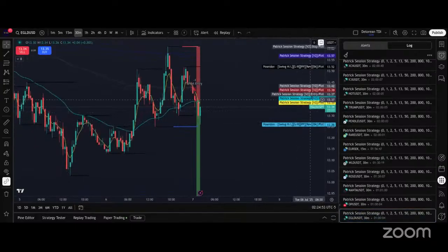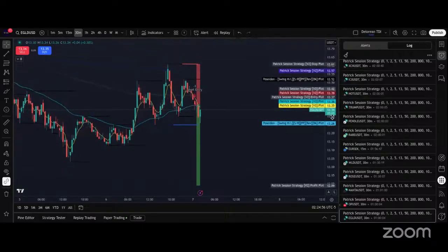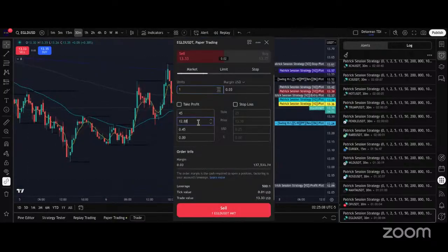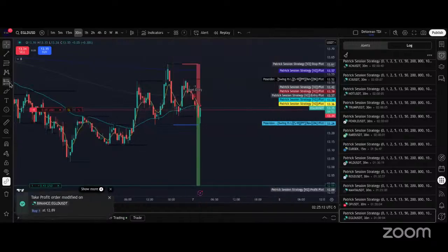This one we will take. Again, we see retracement back towards original price, which is exactly what we want to see. Blue on the top, gray in the middle, aqua on the bottom, red over yellow. This will sell off. It's going to be a sell at 12.89. Again, a short position.